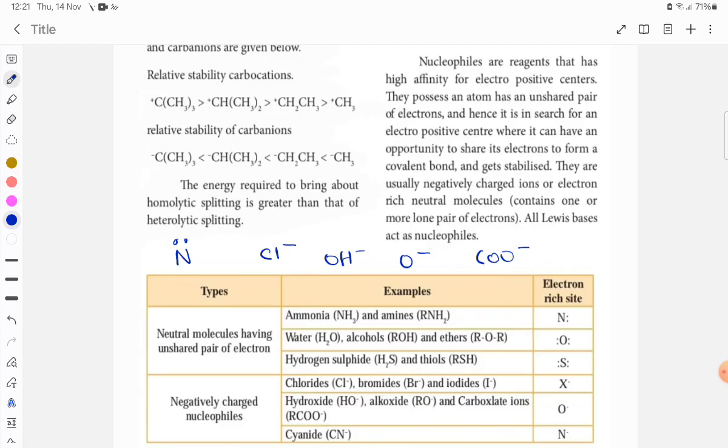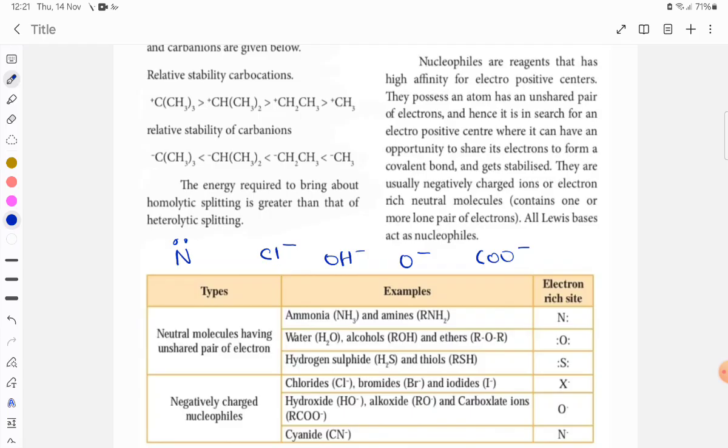So oxygen has two lone pairs of electrons in water, alcohol and ether. Similarly, in hydrogen sulfide and thiol or thioalcohol, sulfur has two lone pairs of electrons. So it means an electron rich center. So these species are called neutral nucleophiles.